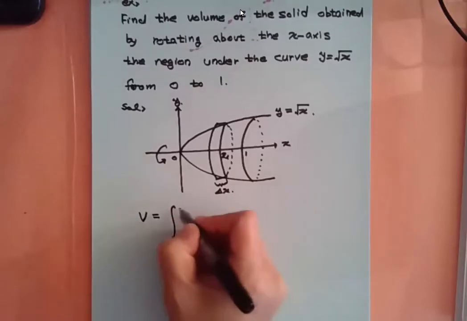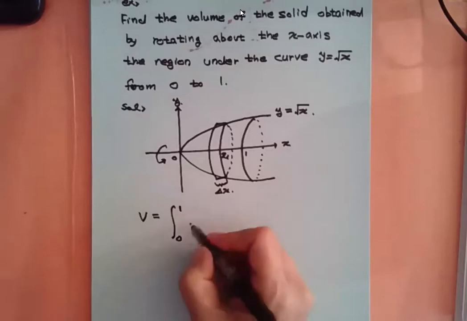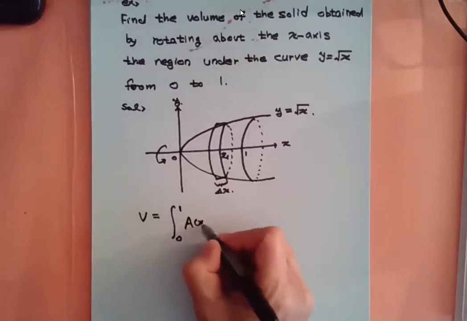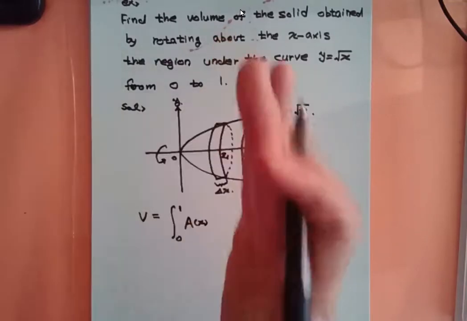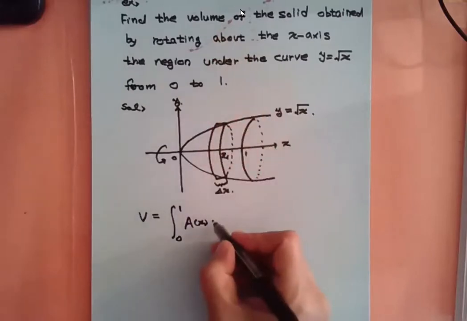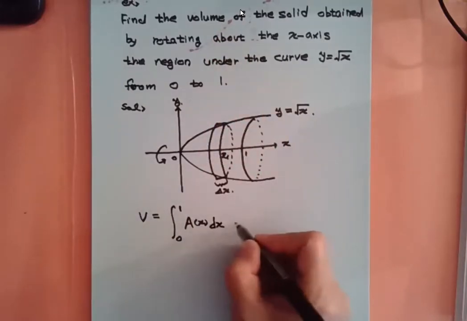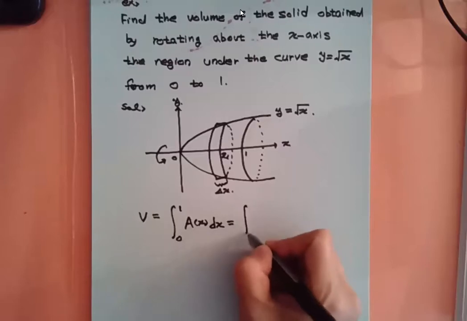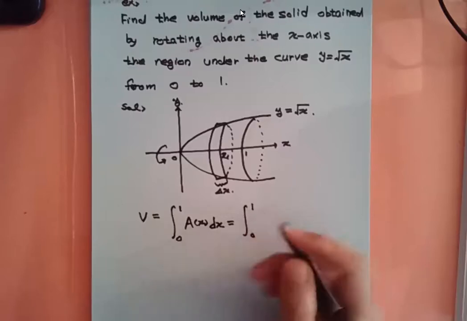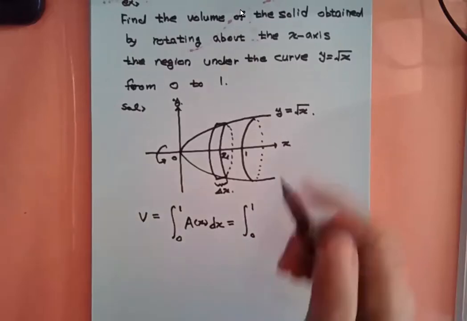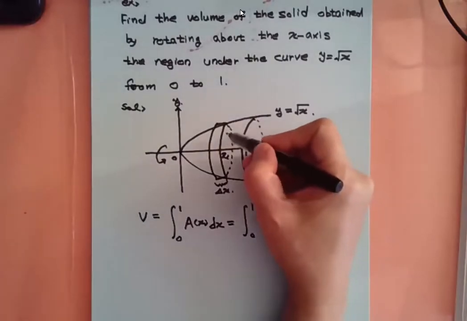So it should be 0 to 1. The area of each vertical slice, dx. So integration from 0 to 1. So we have to calculate this part.